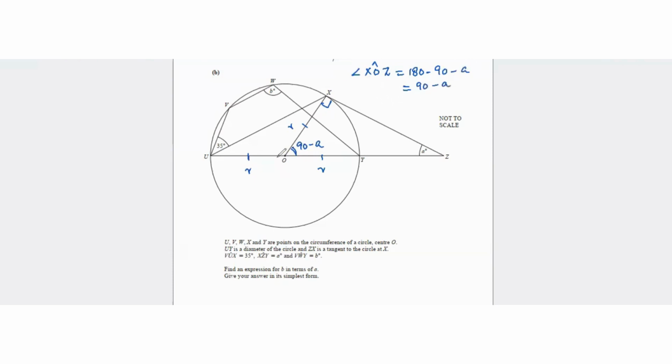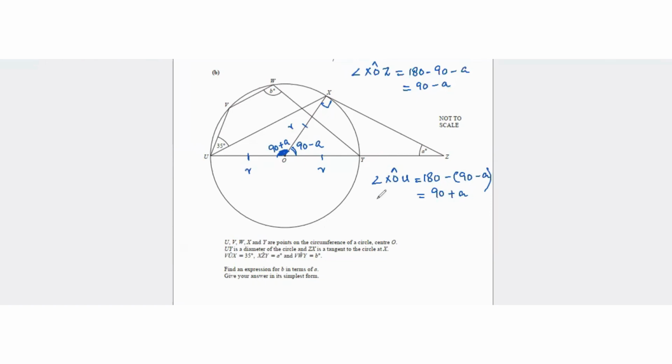Okay, so now to find this angle over here, I'm going to subtract 90 minus A from 180. So for angle XOU, it's going to be 180 minus 90 minus A, which is going to be 90 plus A. So this part over here is 90 plus A. Now, as you can see in the triangle OUX, we have two lengths equal.